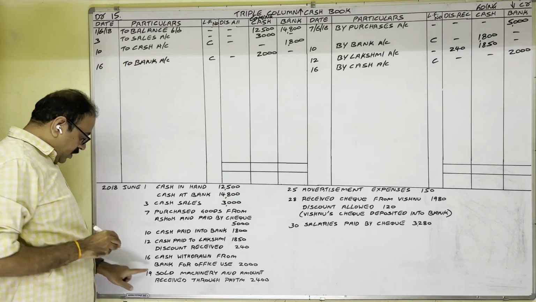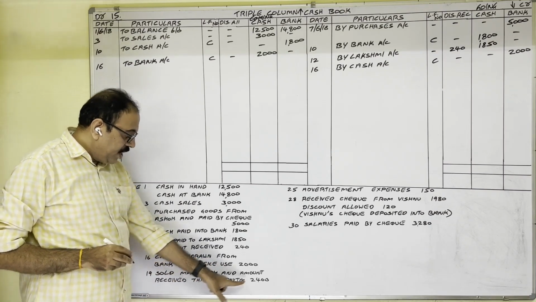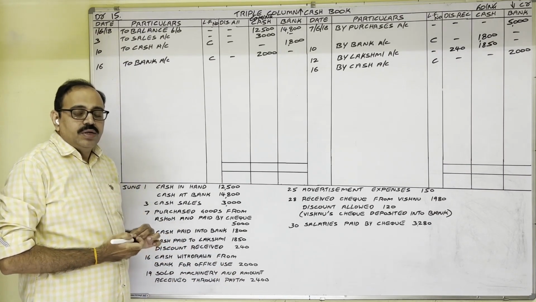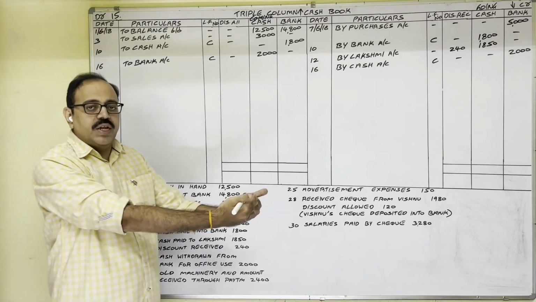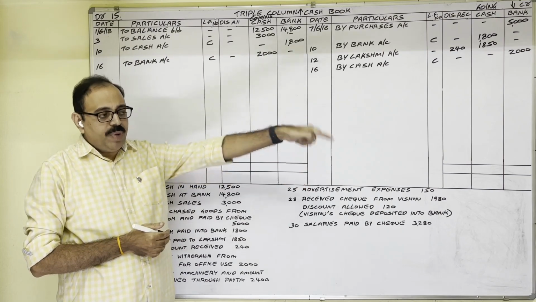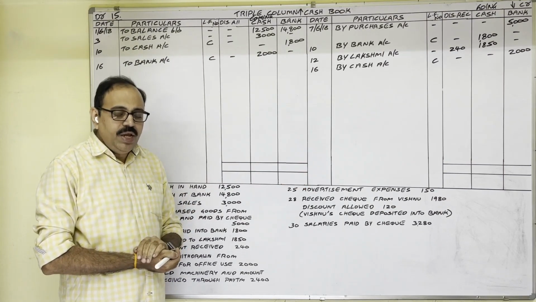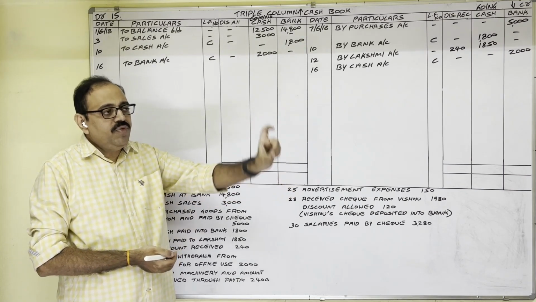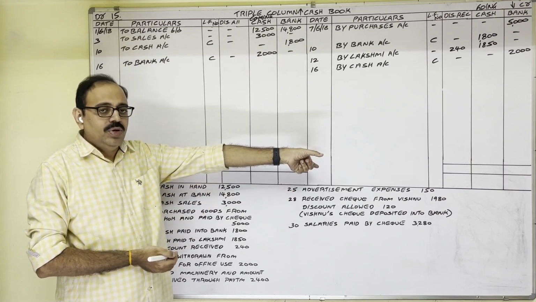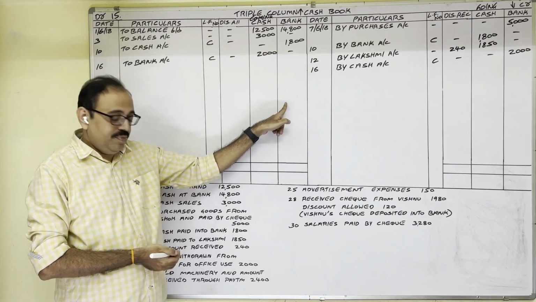16th date. 19th: sold machinery and amount received through Paytm, 2400. So the firm sold machinery. From the firm, machinery is going. So the buyer has to pay the money to us, no? Through Paytm he paid, which means that money will go directly into our bank account, no? So our bank balance increased, which means debit side, bank column.